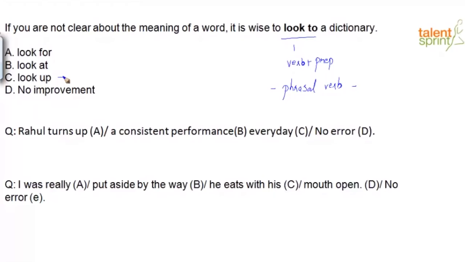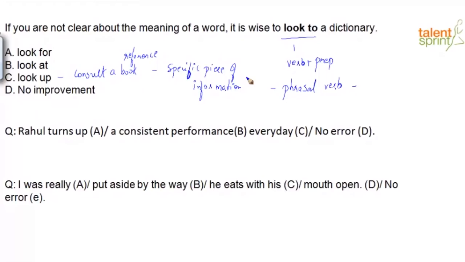Basically, look up as a phrasal verb means to consult either a reference book or in this case a dictionary. It can be any book, right? Basically a reference book or a dictionary for a specific piece of information. So in the context, the most appropriate phrasal verb that will fit would be option C. Look up, consult.